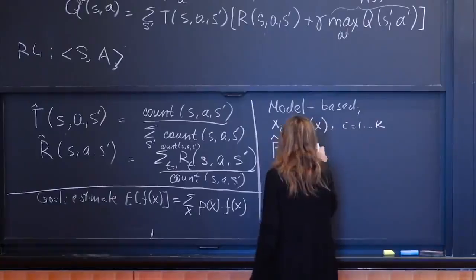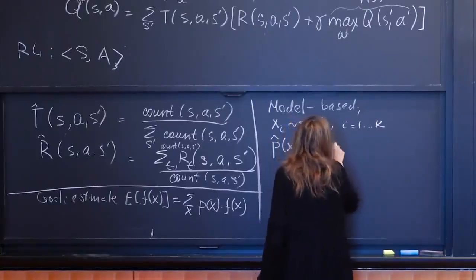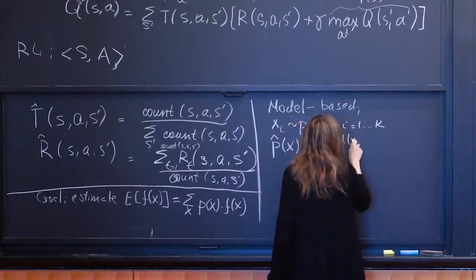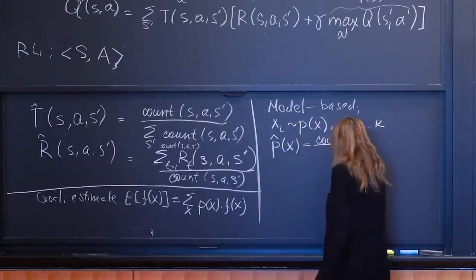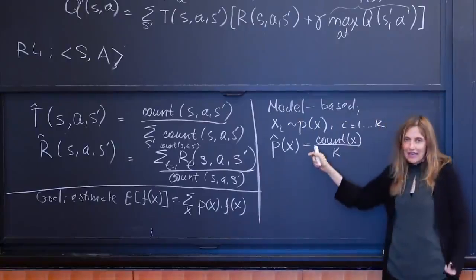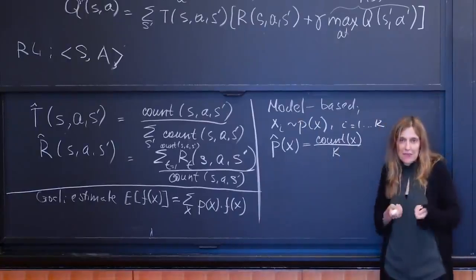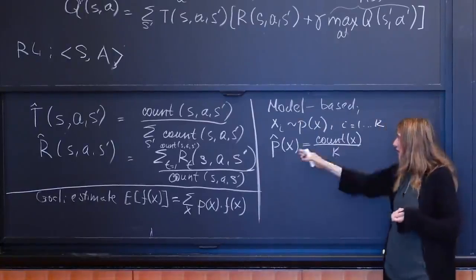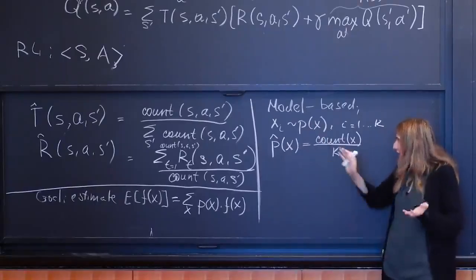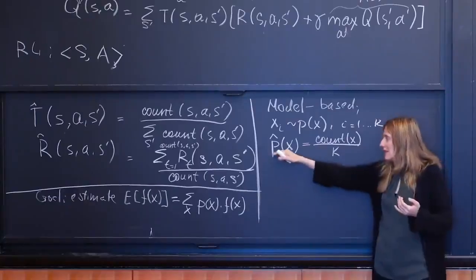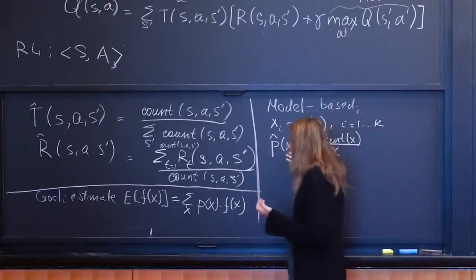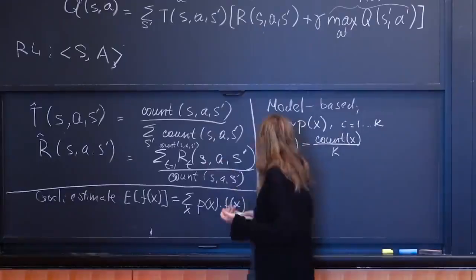I am going to say it will be the count of x divided by k. So we will see how likely it is to observe this specific value, let's say the value 10, in our k samples, and this will give you an estimate of this P-hat(x). It's very similar to what we've done here.